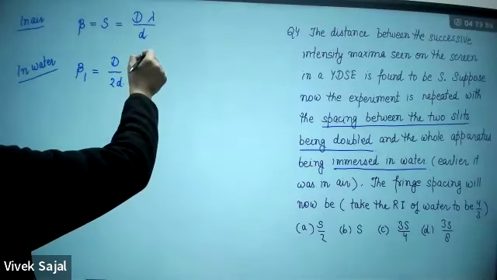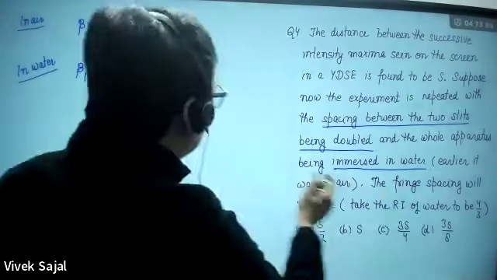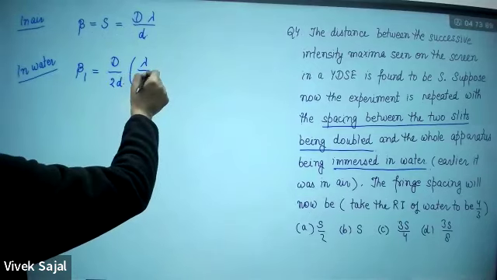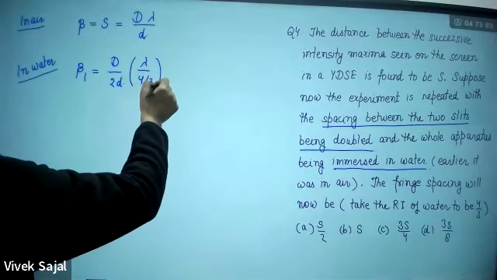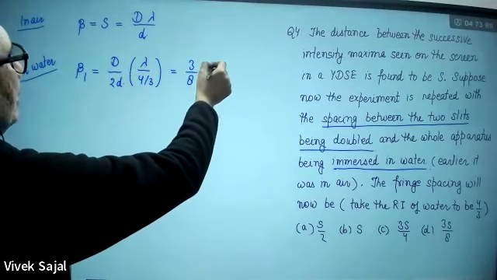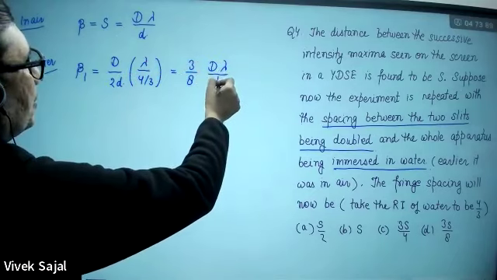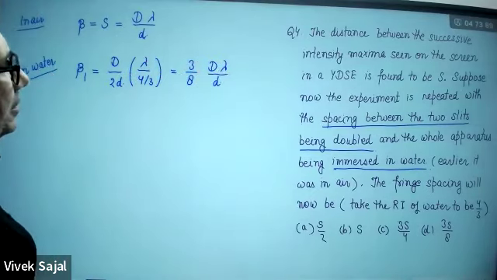Lambda W will be lambda upon refractive index, and the refractive index is 4/3. So this will be 3/8 D lambda upon small d.